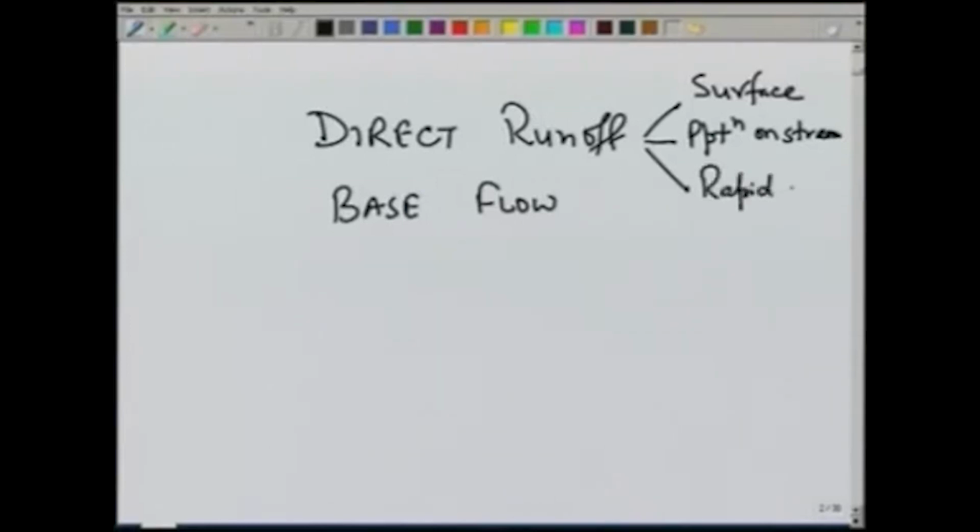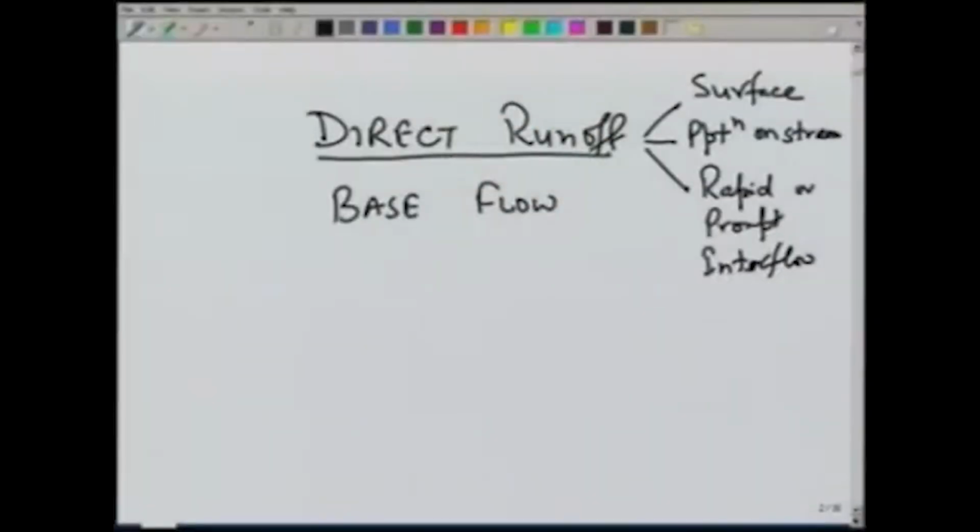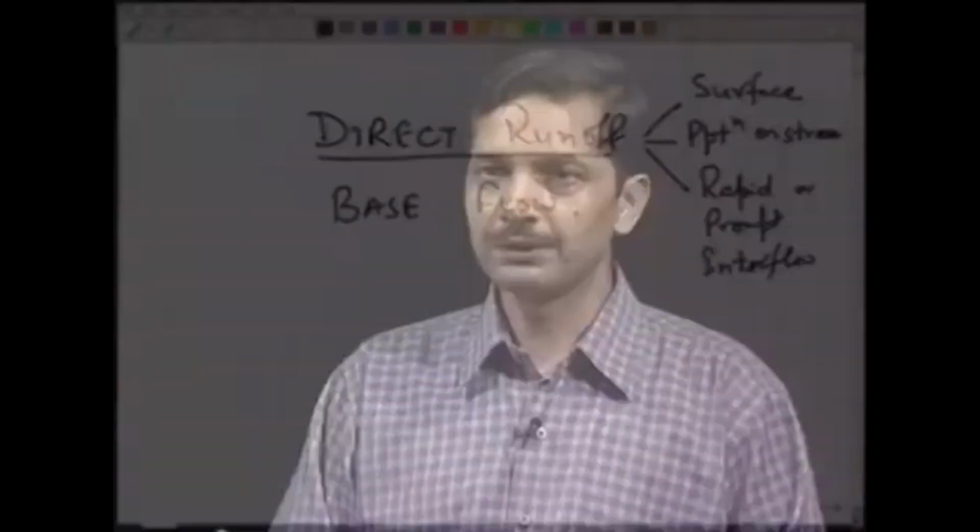So, the component of interflow which goes into the ground and then reappears in a short time is known as the rapid or prompt interflow, and that is also counted towards direct runoff. So, this entire direct runoff component is the one which occurs a little while after the precipitation.